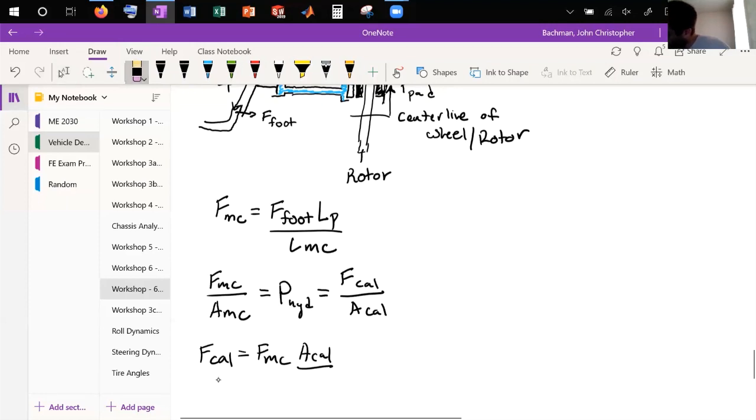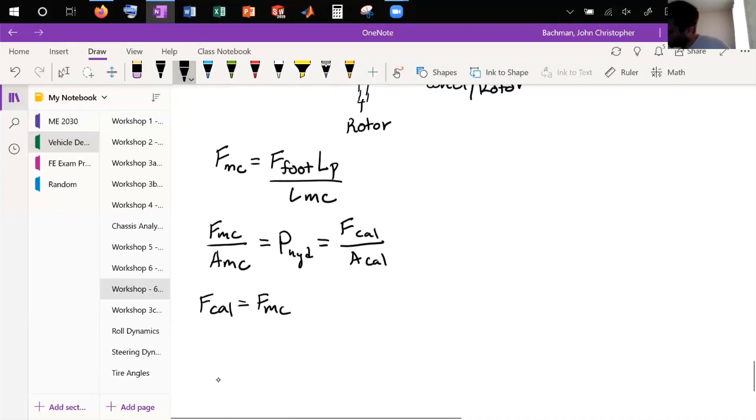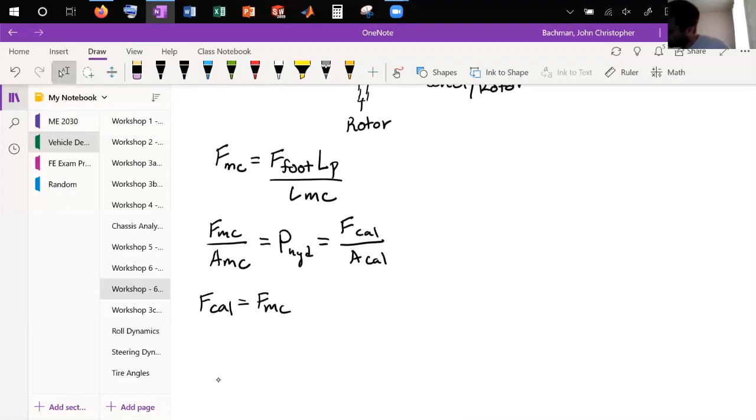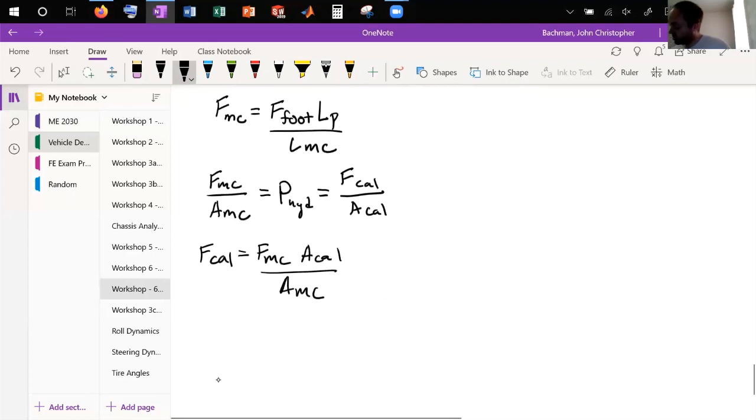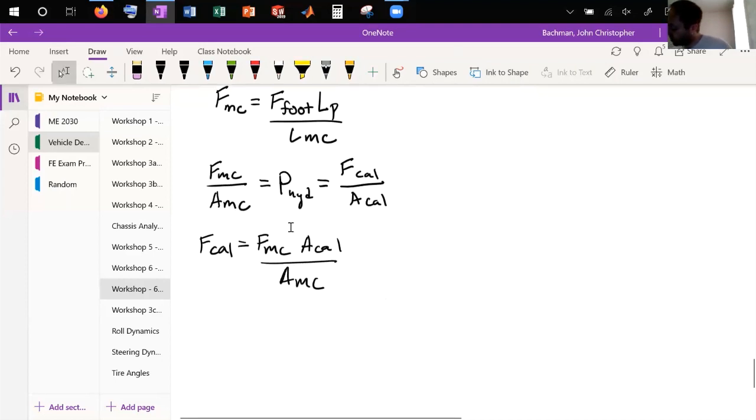Right, so the force on the caliper is going to be your force on the master cylinder times the area of the caliper. Yeah, I have that right. Over area master cylinder.